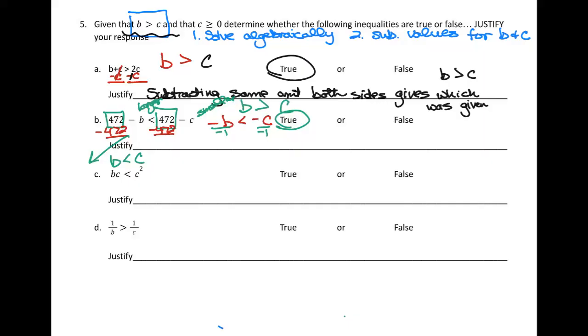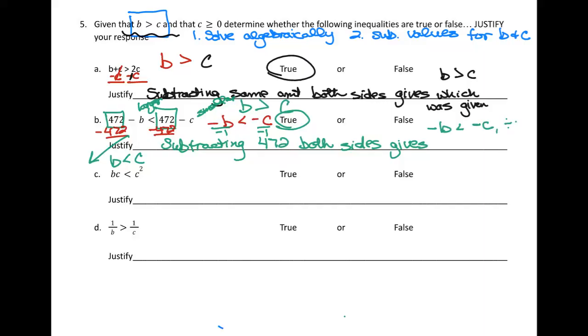Okay. So you can say what you actually did. Subtracting 472 from both sides gives negative b is less than negative c.